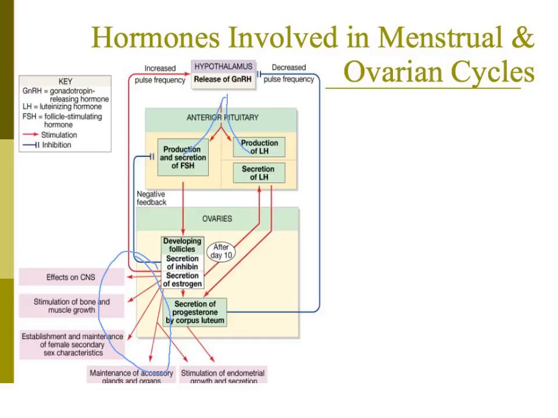It's also responsible for muscle and bone growth, secondary sex characteristics for the female, and it will help maintain accessory glands and organs, and it helps with the stimulation of that endometrial growth in the uterus. Progesterone's big function is to maintain the endometrial layer of the uterus.